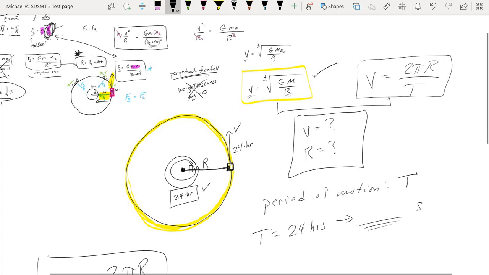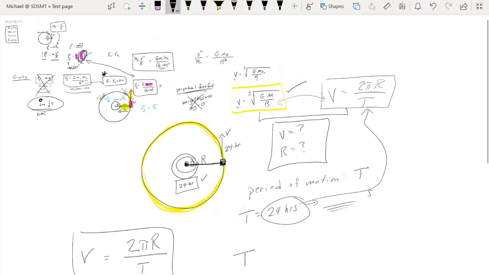All we need to do is plug in the 24-hour time constraint for our period of motion, and again, it needs to be in seconds. But from there, you can do a combination of the two equations, and you can independently solve for the required speed of the satellite. You can also independently solve for the center-to-center separation distance that would be required for that orbit.